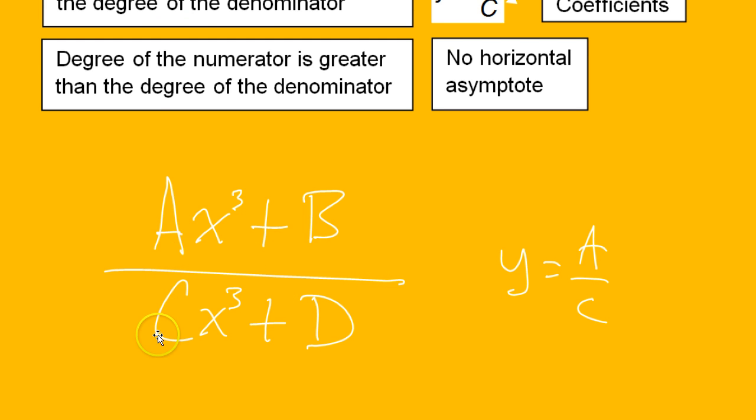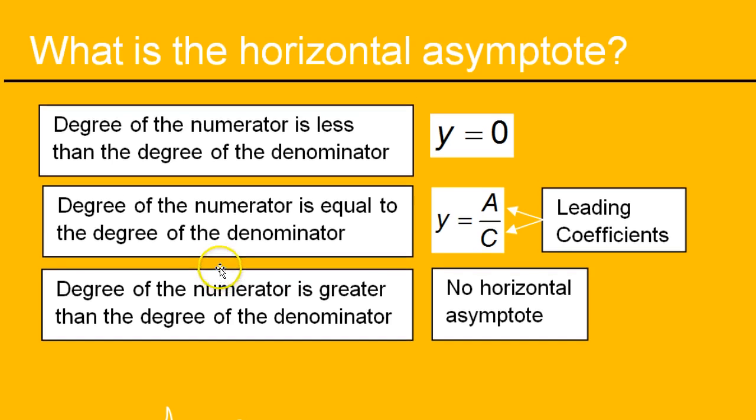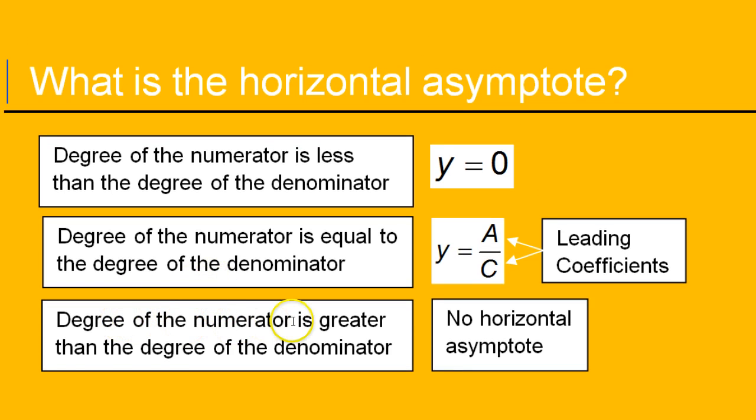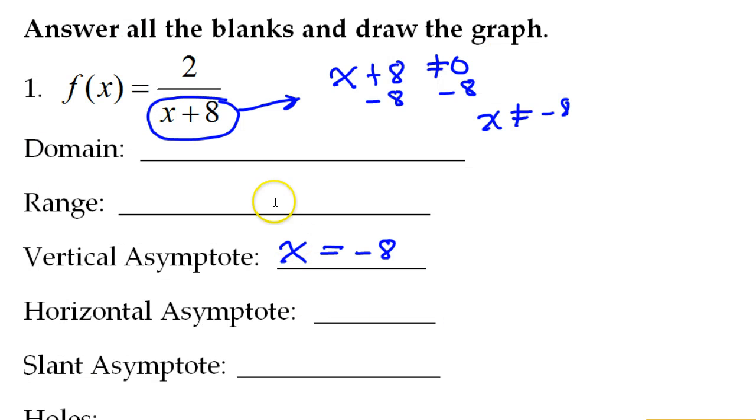sort of like if we had this, it would be a over c right here. And finally, if the degree of the numerator is greater than the degree of the denominator, then there will be no horizontal asymptote, though there might still be a slant asymptote. So keep that in mind as you look at this. The degree of the numerator is 0, because this is like x to the 0 power.